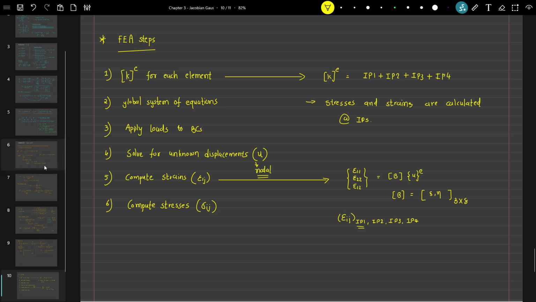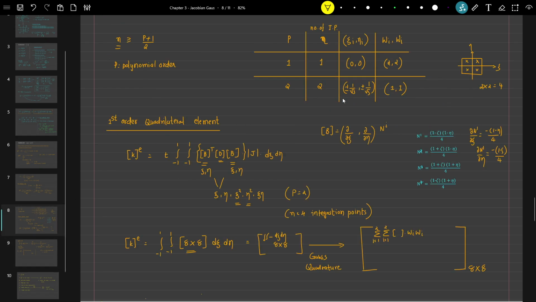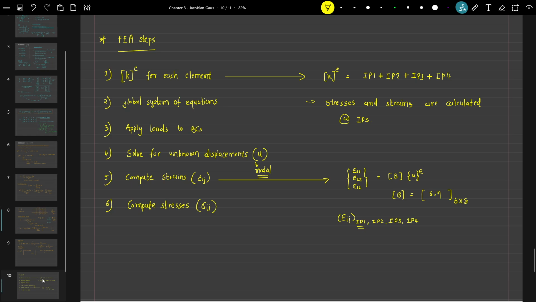We know the zeta eta coordinates of all integration points, plus or minus 1 by root 3. That is our coordinates. So in the B matrix we can put for IP1 whatever zeta 1, eta 1, similarly zeta 2, eta 2. So we can put all these coordinates in the B matrix, and we can find the strain components for those integration points. So this is how the strains are calculated at integration points.